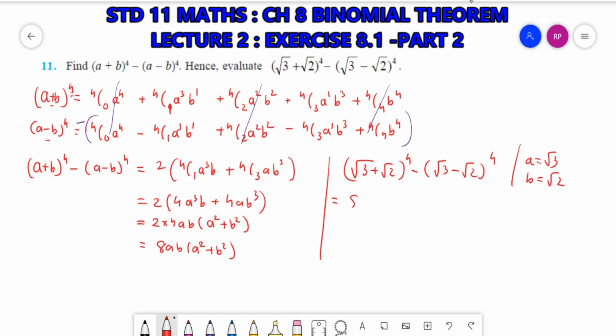This will be equal to 8, instead of a root 3, instead of b root 2, into a square, that is 3, plus b square, that is 2. So 3 plus 2, 5, root 3 into root 2, root 6, into 5. So this will be 40 root 6. Okay, so this was about question number 11.